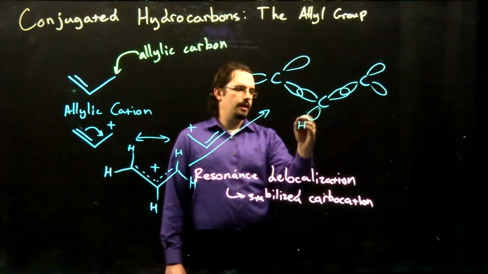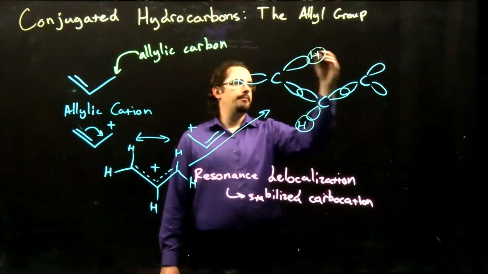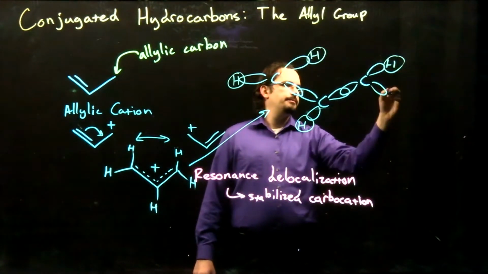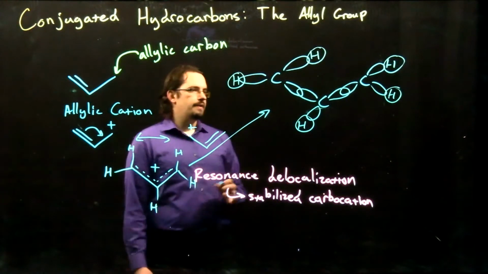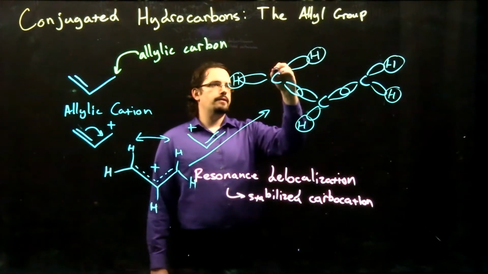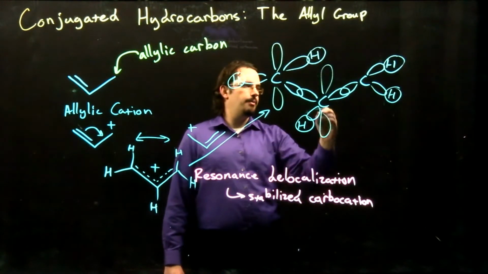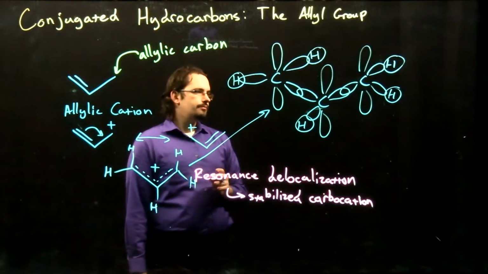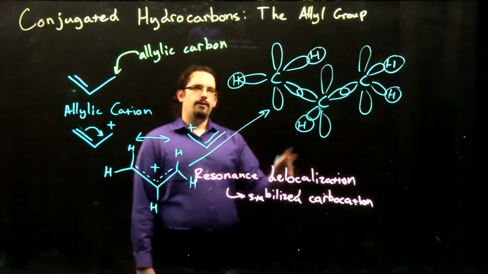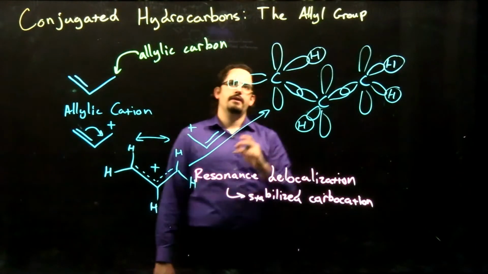I would, of course, have hydrogens at my other bonding positions. And now, in addition to my sp2 orbitals, I would also have p orbitals sticking out above and below each of these carbons. Now, if I look at this initially, all of my carbons look very similar, right?